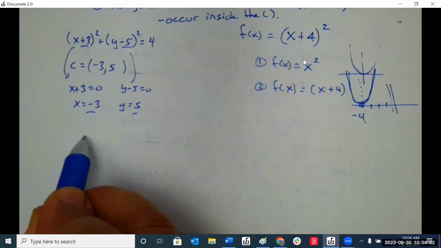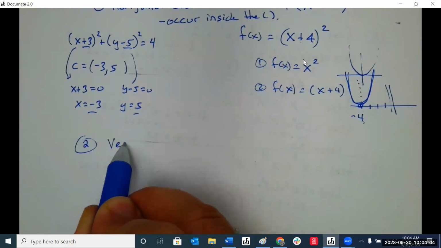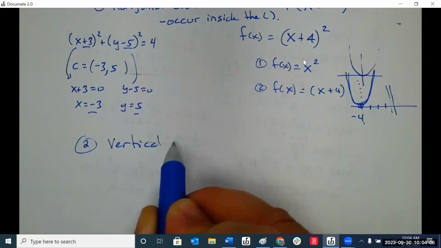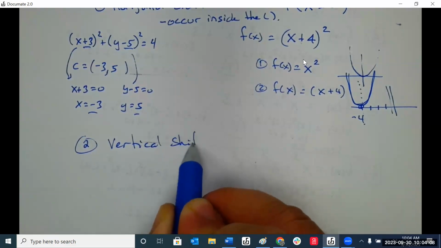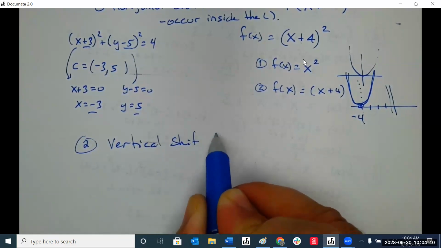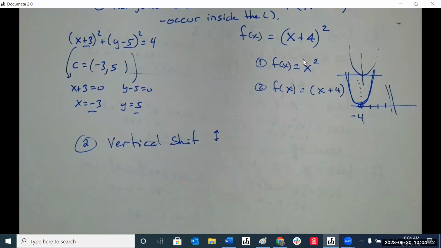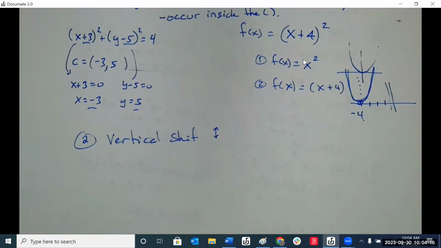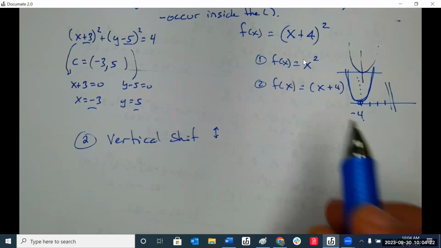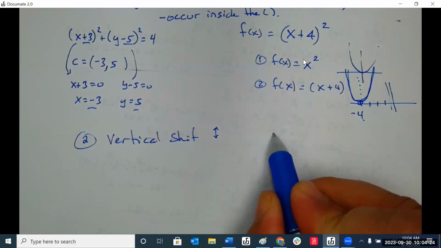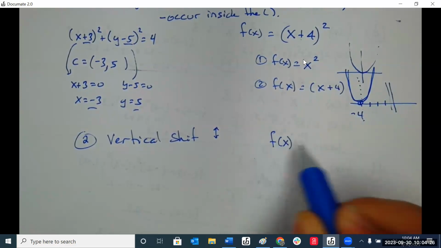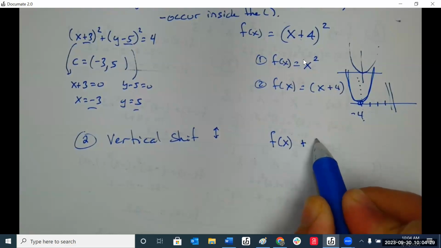The second shift we do is a vertical shift. This one's up and down. This one occurs outside the function.